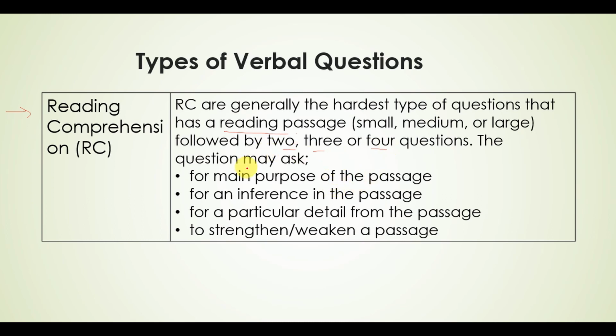The question may ask you for the main purpose of the passage or for an inference in the passage, meaning you need to identify an assumption from the passage, or it may ask you for a particular detail from the passage, a detail that was explicitly stated in the passage. Or finally, the question may ask you to strengthen or weaken the claim or conclusion of the passage. So these are not the only but 4 major types of questions that are usually asked on reading comprehension type questions.